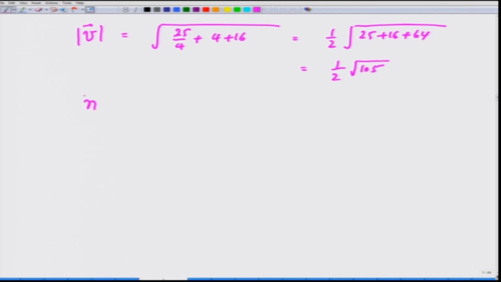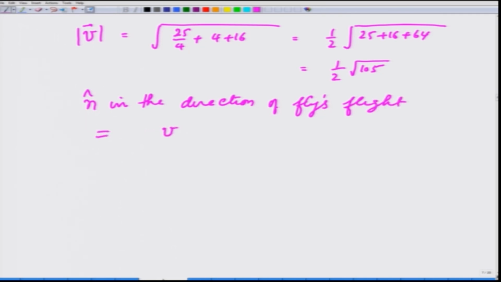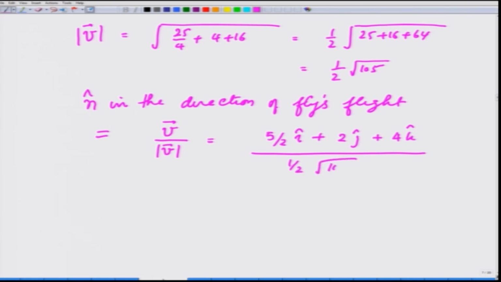So, unit vector in the direction of fly's flight is going to be equal to the vector in that direction divided by its magnitude, which is equal to 5 by 2 i plus 2j plus 4k divided by 1 over 2 square root of 105, which is nothing but 5i plus 4j plus 8k over square root of 105.